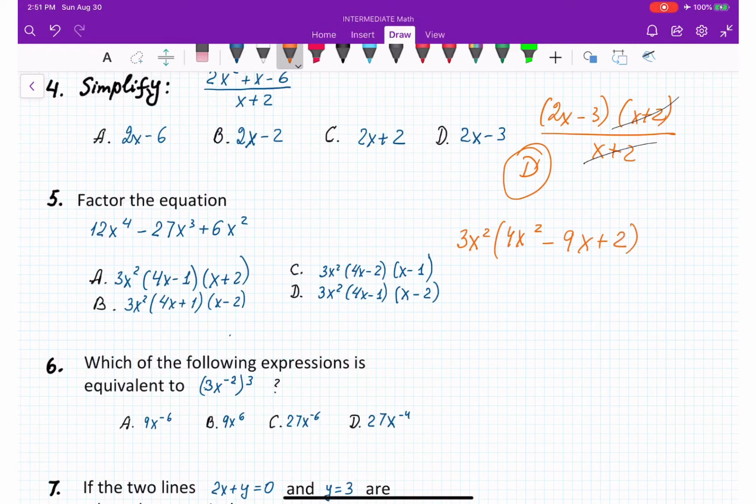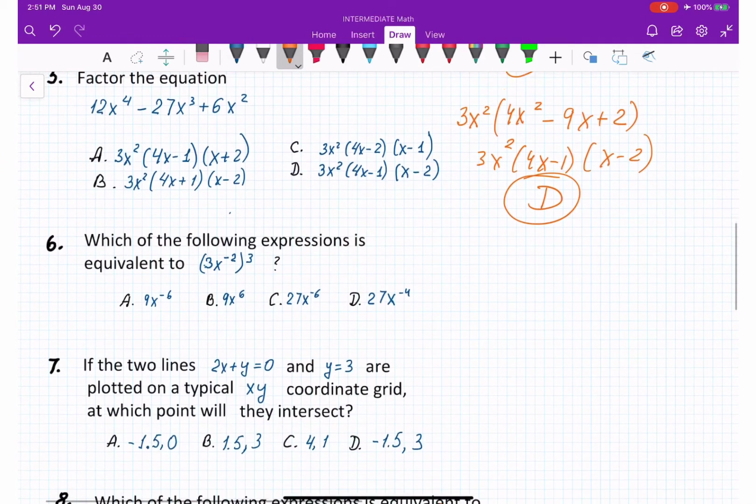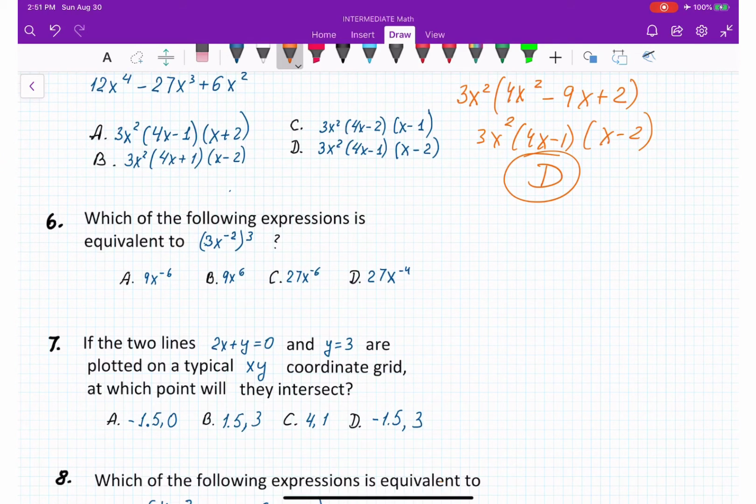And 4x squared minus 9x plus 2, I can factor it down. It's going to be 4x minus 1 times x minus 2. D.